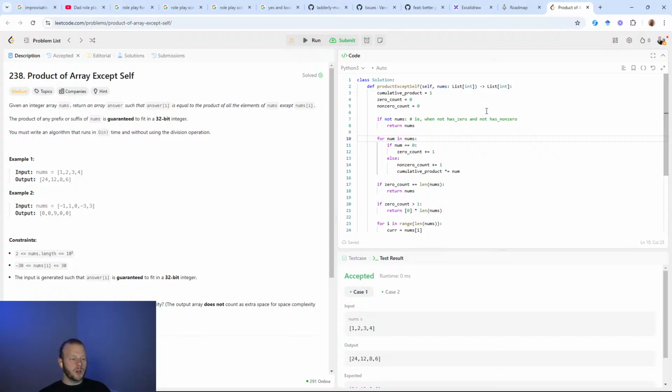If I have 1, then everyone is 0 except the 0. And what if I have no zeros? What if I have no zeros? Now I need a list, right? I need an O of n structure.